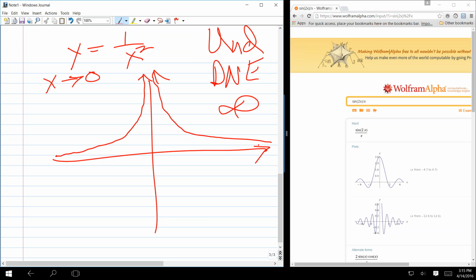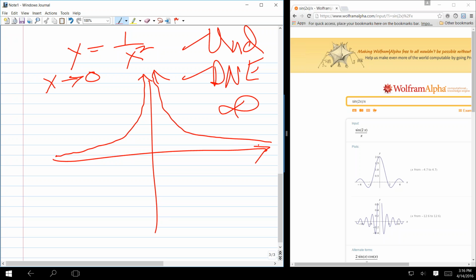And they really are not the same, even though a lot of people tend to use them interchangeably. Does not exist means does not exist. That does not mean infinity. Undefined can be infinity because they wouldn't want to use the word infinity.